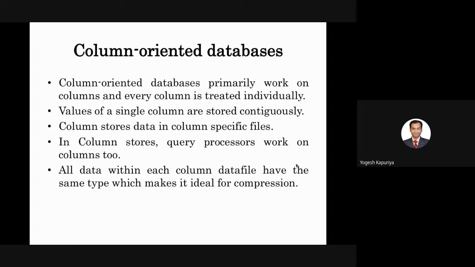That means most of the time you are firing a query on a column, and all data within each column data file has the same type, which makes it ideal for compression as well. Because you are dealing with a single column, you know the exact format, and that will be useful.